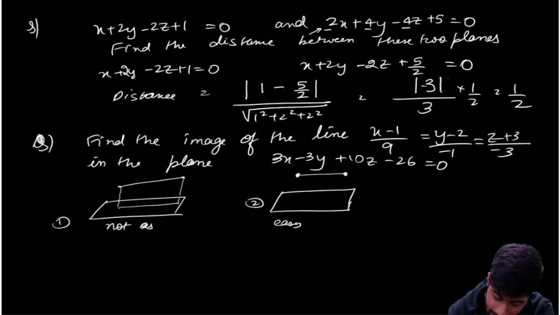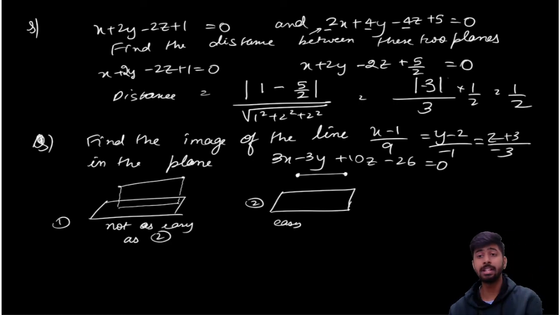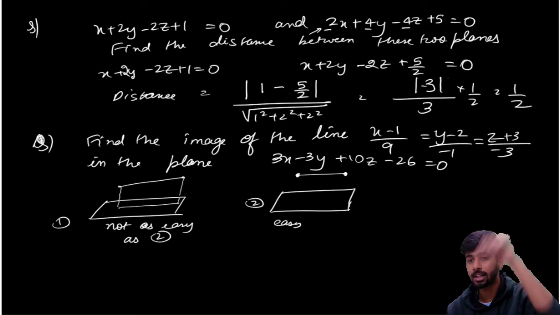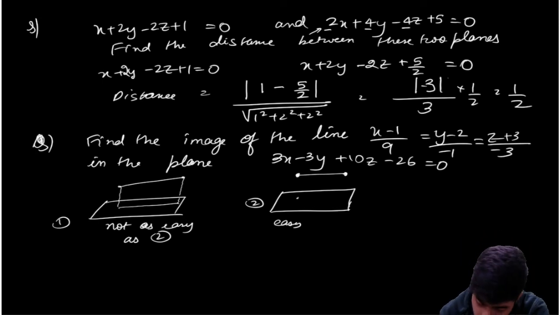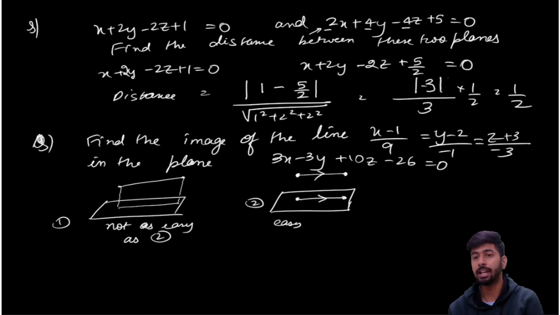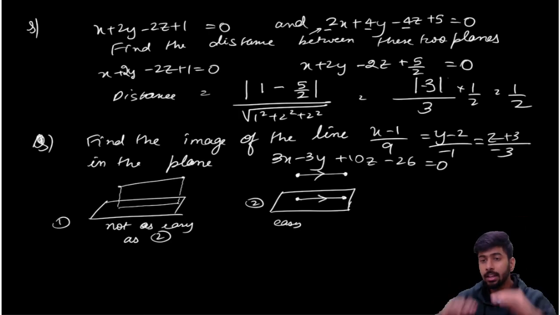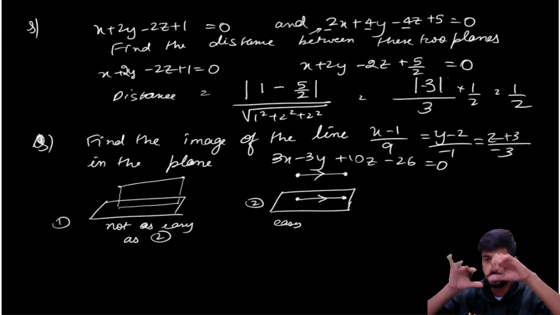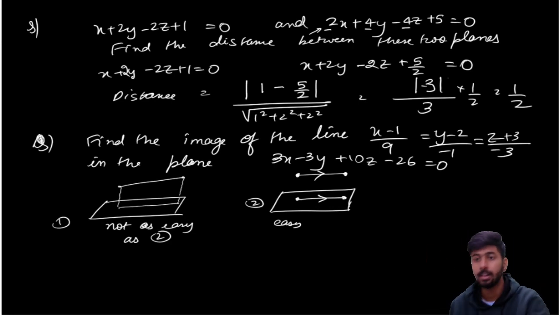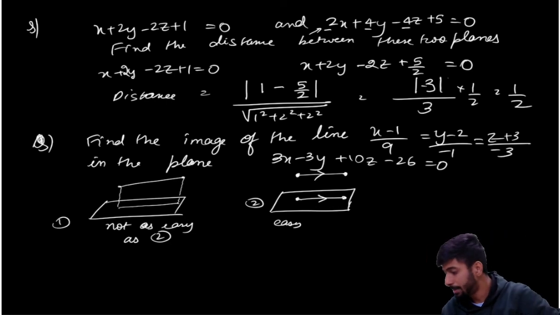I will say 1 is not as easy as 2. 2 is extremely easy. Why? Because when you project a shadow, the shadow of the line will be absolutely parallel to the actual line because there is no tilting. The line is absolutely straight. It's completely parallel, so the shadow will also be completely parallel.